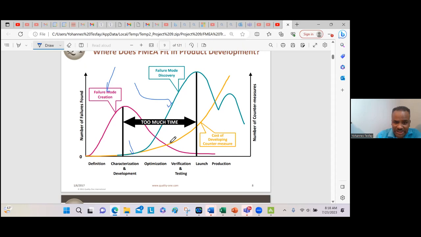This is going to be the curve with FMEA, failure mode effect analysis. Just like that, but this one is without FMEA, the reactive method. So this is the overall cost.